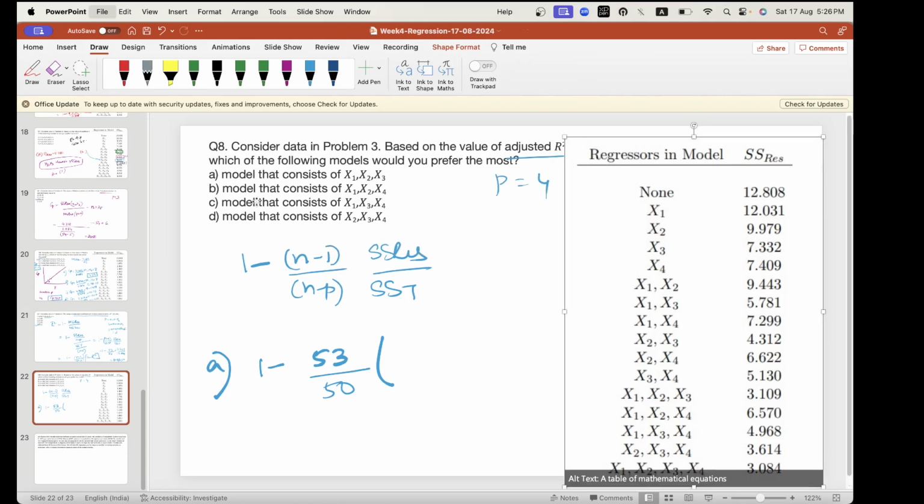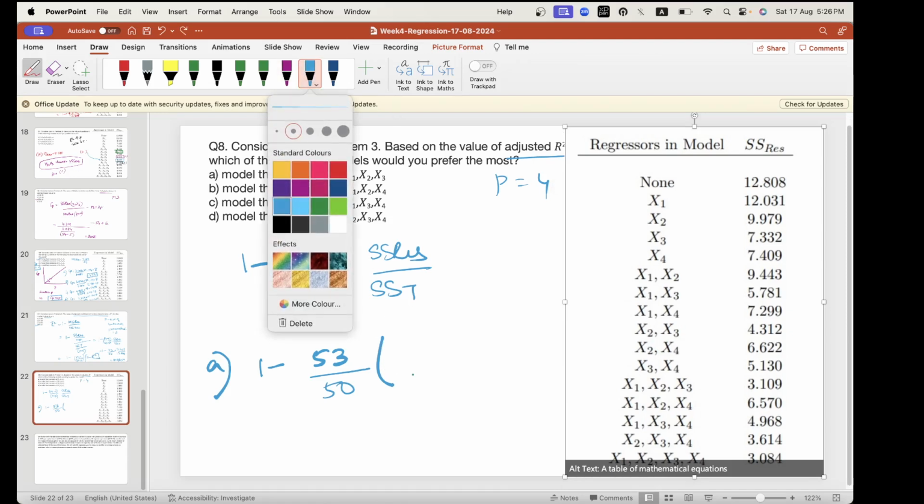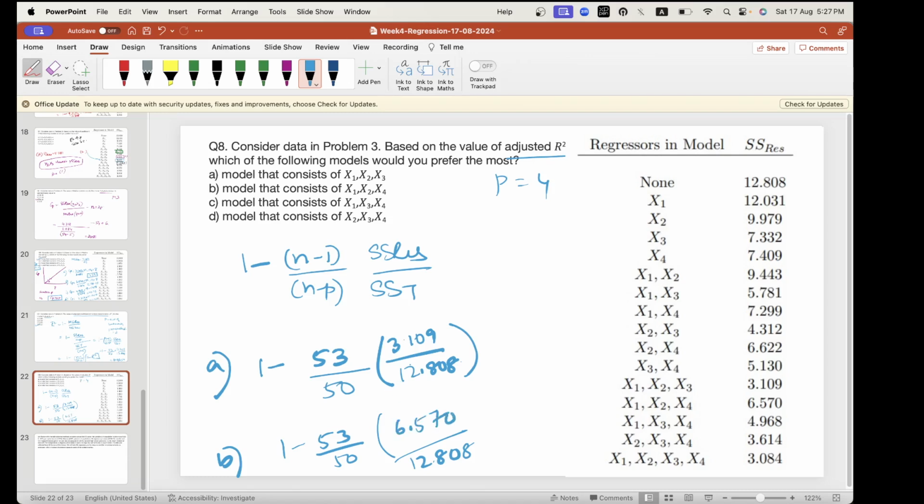Alright, so here x1, x2, x3 is 3.109 by 12.808. For B it is 1 minus 53 by 50. One two four is 6.570.